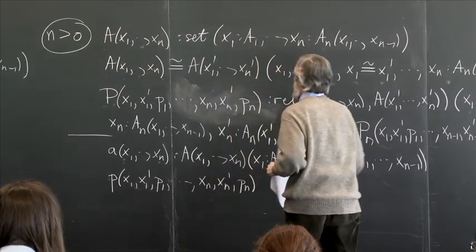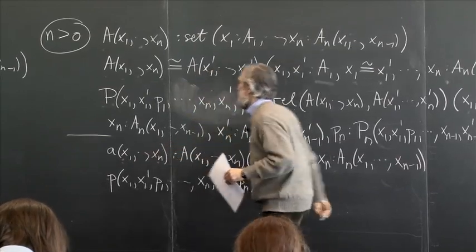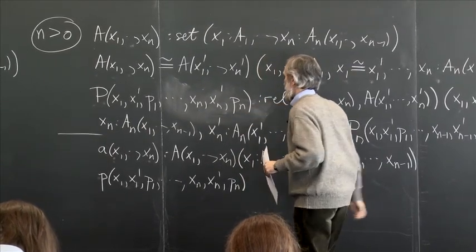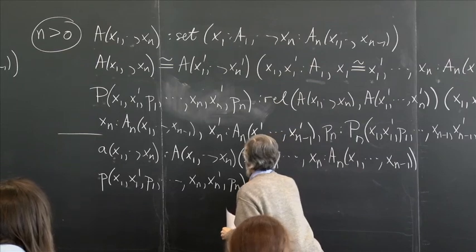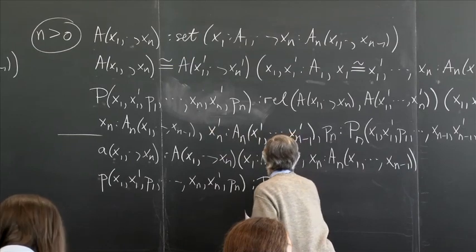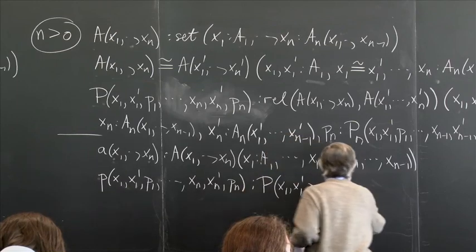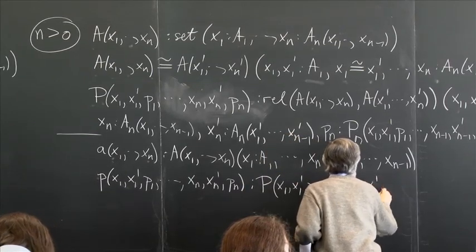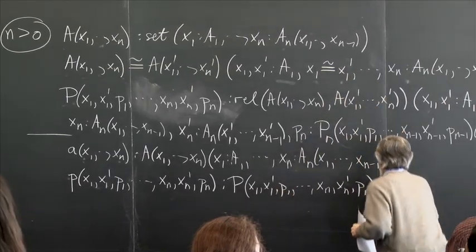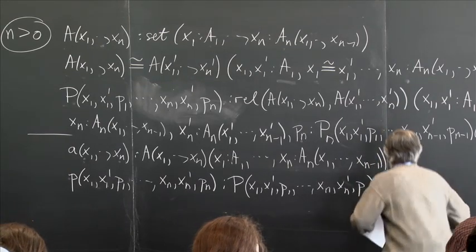And what that proof will prove is that a of x1 up to xn is related by this relation to the corresponding thing with primed arguments. So this should prove capital P of x1 prime p1 of a of x1 up to xn.